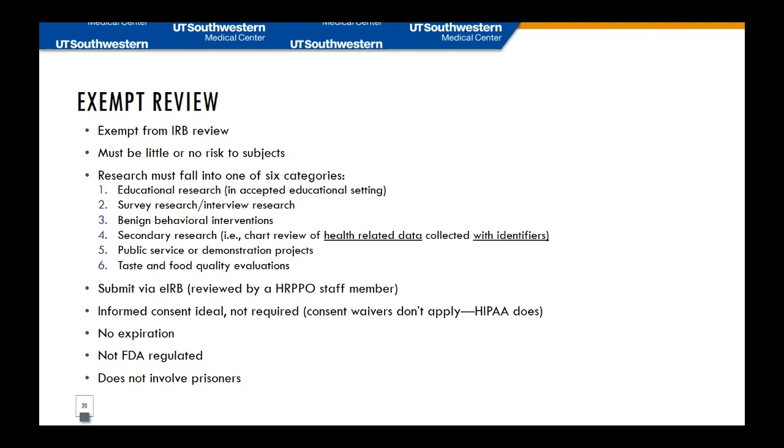Informed consent is always ideal. We always say try to consent when you can, but for these studies, it's not required, and consent waivers don't apply. However, HIPAA still does. There's no expiration for these studies, and they cannot involve drugs or devices that are regulated by the FDA. Also, these studies cannot include prisoners.